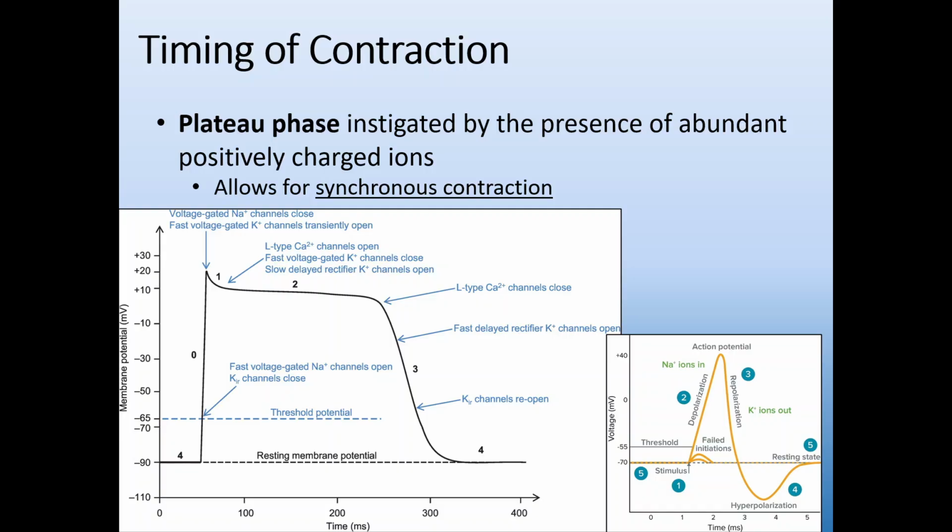But a bunch of positive ions are flowing into the cell. That's prolonging the positive stretch before it repolarizes. What this is doing is allowing all of those cells to receive the signal. It's going to make sure that that signal has been received by everything before you start the contraction process, because it is so important that your heart muscle contracts as one.